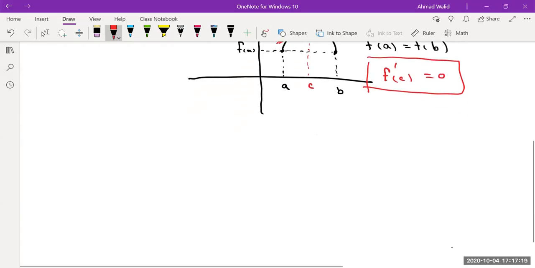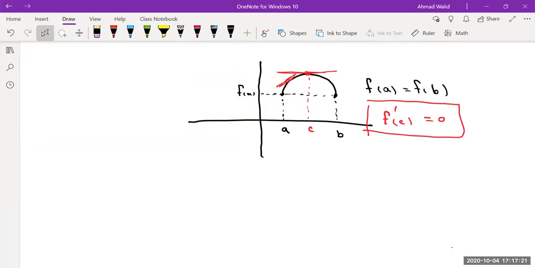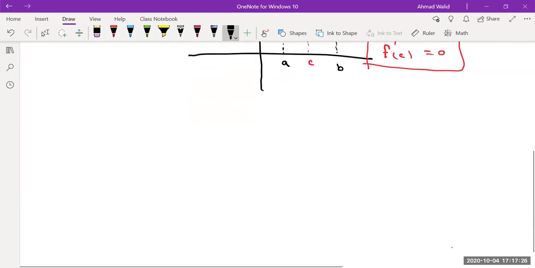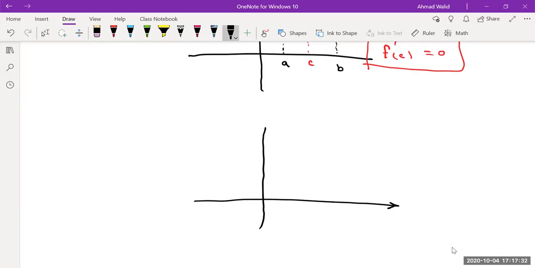Correct? Now, comparing this curve with this one, I'll jump here from one theorem to another one. Let me draw another curve here for you. Let's say, for example, I'll draw this curve, and I'll draw my secant line maybe here.